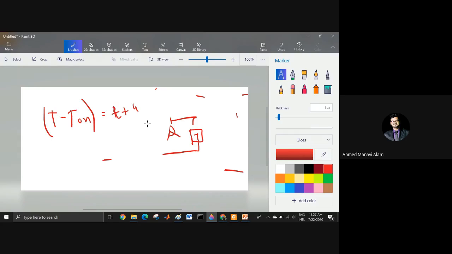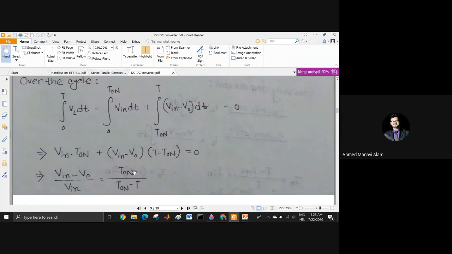Whenever I'm taking it in the right hand direction, then what will happen? 0 equals T plus 4, T minus t on. If I want to change the direction to positive, then what will happen? T plus 4 plus t on minus, because I multiplied it by minus. So this one and this one both are the same. So that is what is done here.